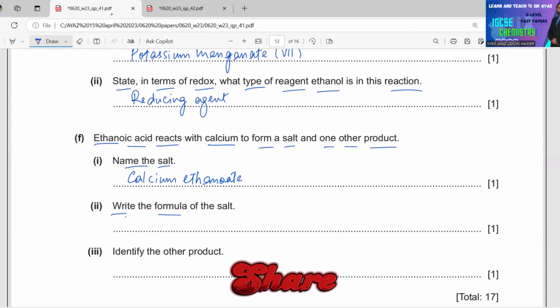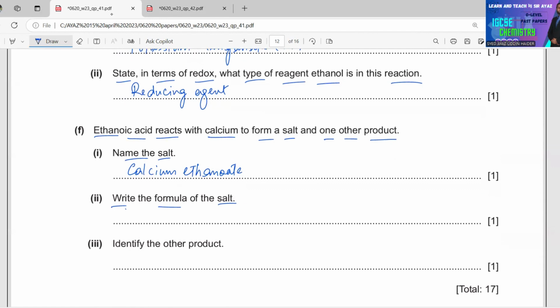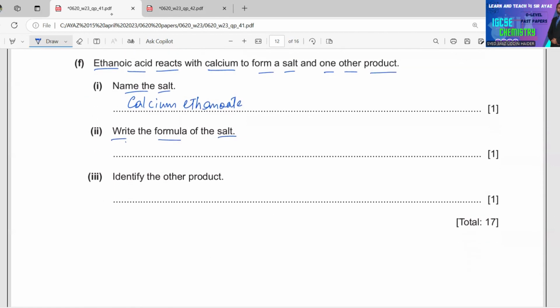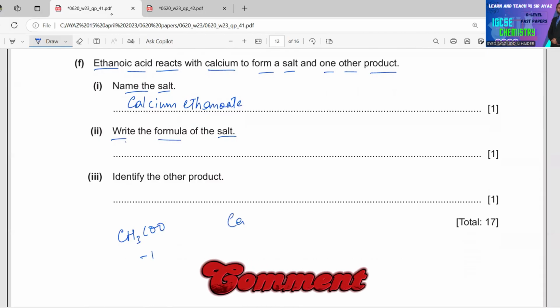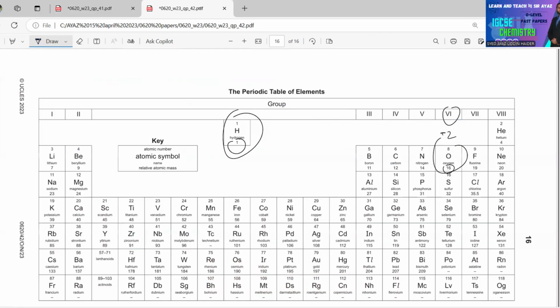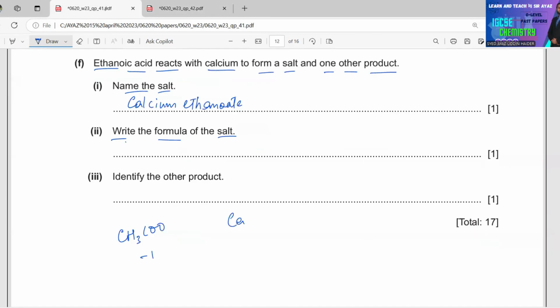Write the formula of the salt. Now for the formula of the salt, it's between calcium and ethanoate ion. Ethanoate ion is CH3COO. It's carrying -1 charge. And calcium, where is calcium? Here is calcium. It's in group 2. Group 2 carries +2 charge. +2 is its valency.